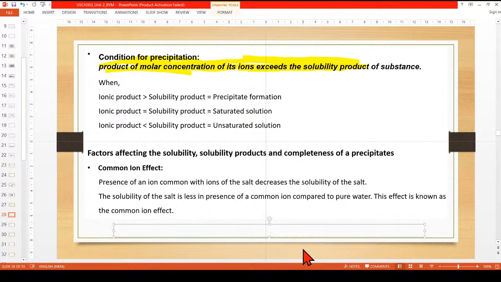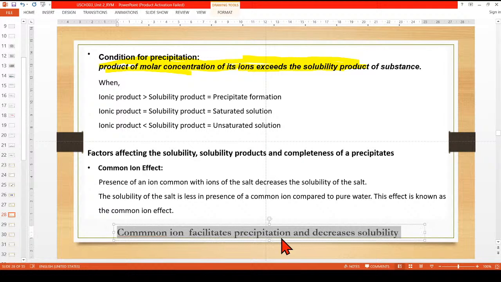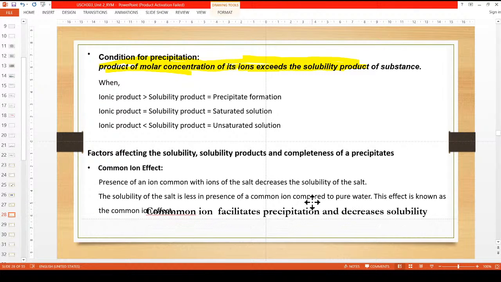I hope this is visible to you. This is for the common ion effect.